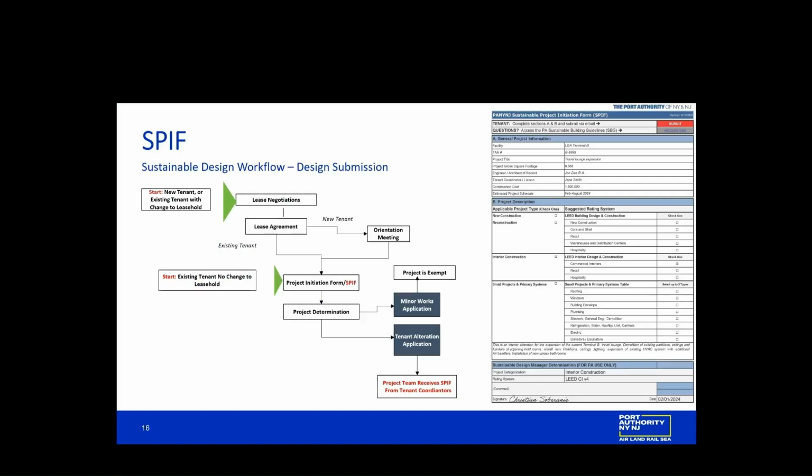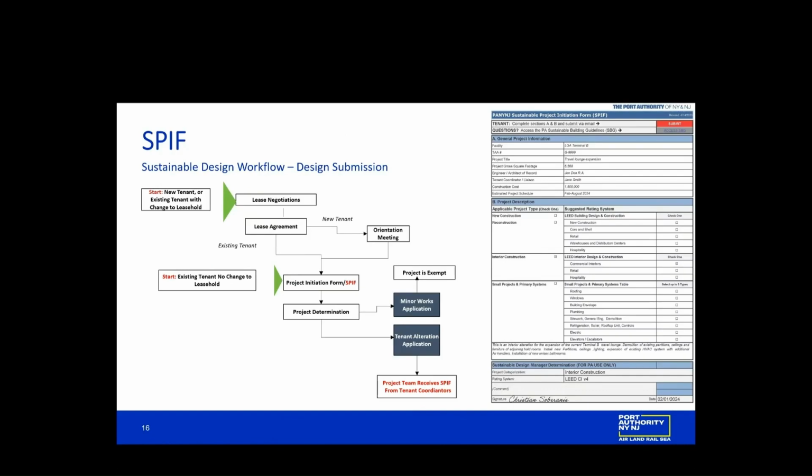So we'll look at the sustainable design workflow very quickly. To the left, we have two sort of starting points. One is whether it is a new tenant or an existing tenant with a change of leasehold, or an existing tenant with no change of leasehold, making an alteration to the space. Both get to a point where they need to fill out, as Kimberly stated, a project initiation form, but also a project SPIF.